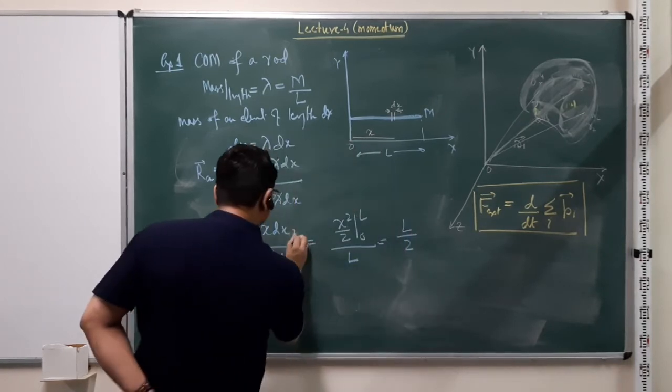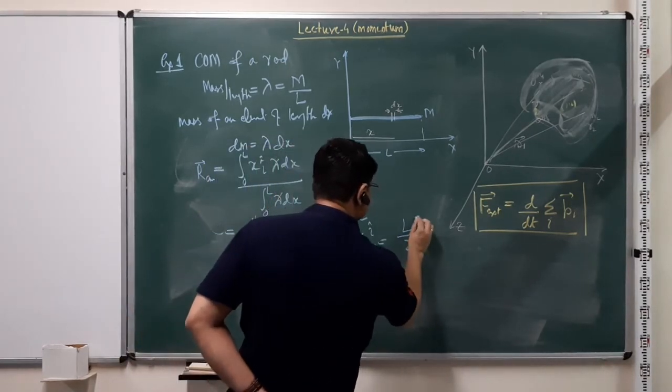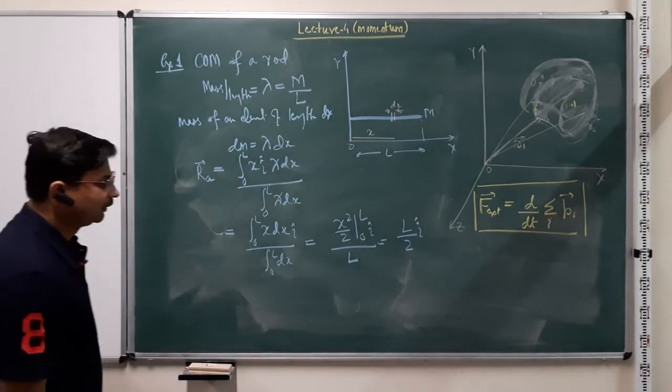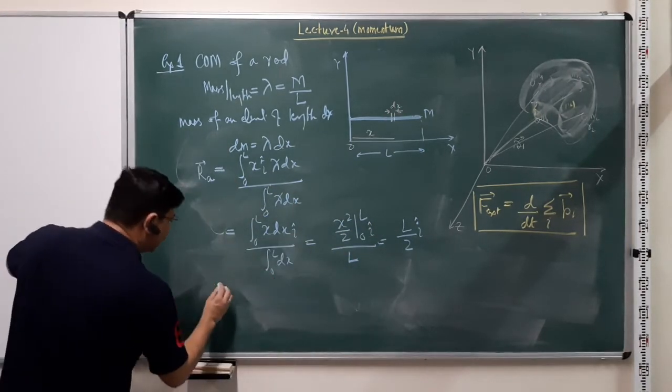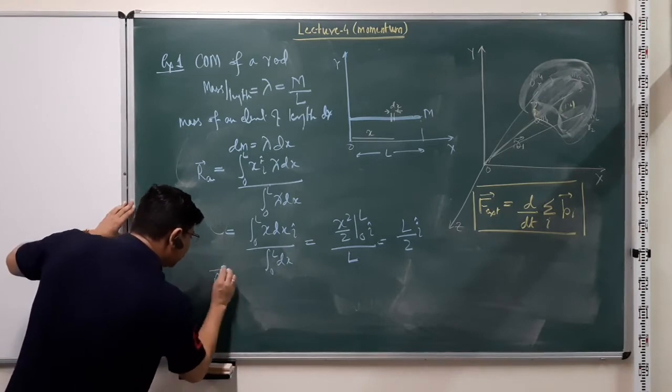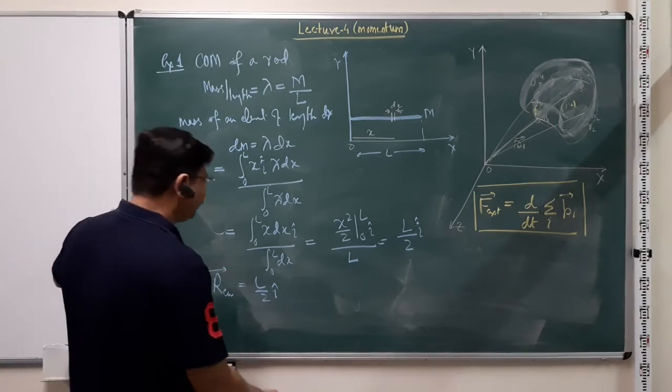Of course we forgot our i cap here, so i cap follows us everywhere just to make sure that this remains in Cartesian coordinates. So RCM is L by 2 i cap.